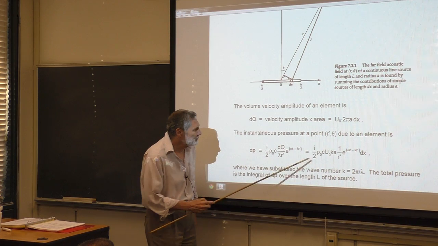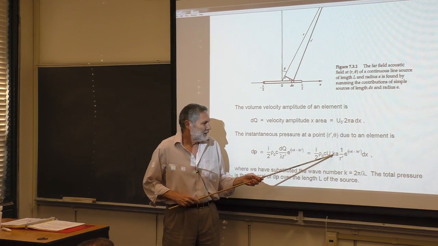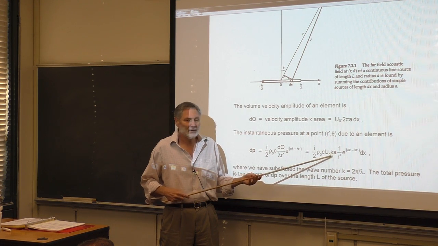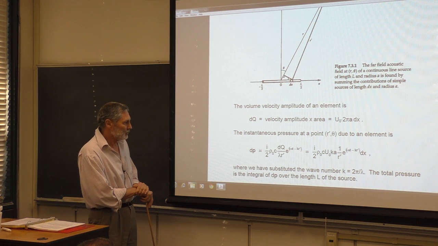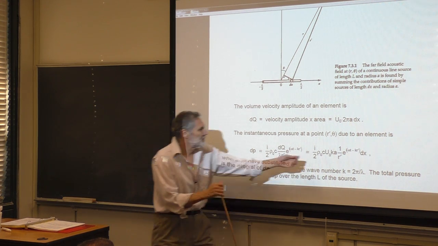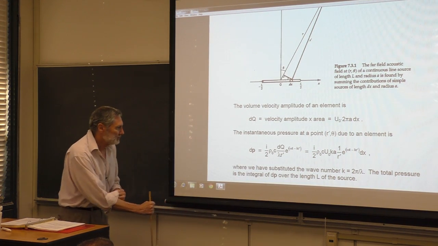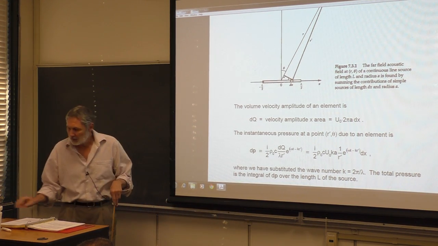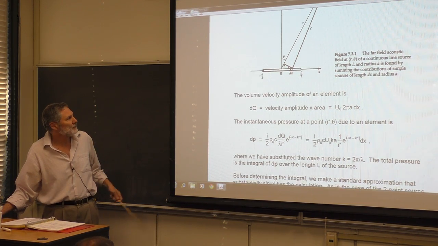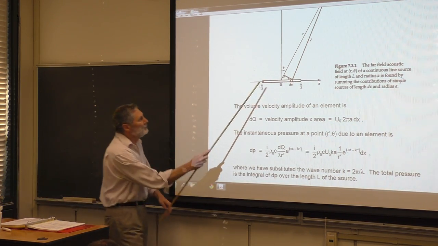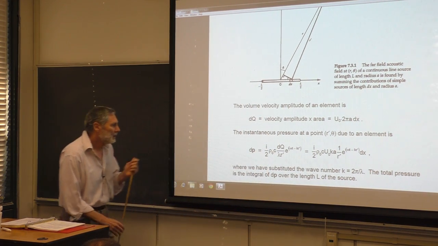And the reason we do that is, look at this thing right here. ka, that's the dimensionless number that's going to be important here. Actually, kL is going to emerge as important. But we always want to go to these nice dimensionless quantities: k, the wave number, times the length. Okay, now we need to integrate this over all x values, from minus L over 2 to L over 2. We need to integrate that.